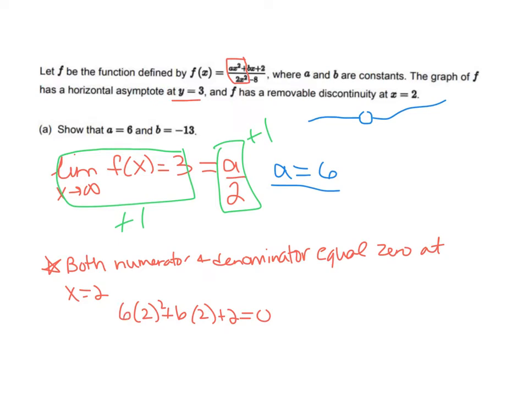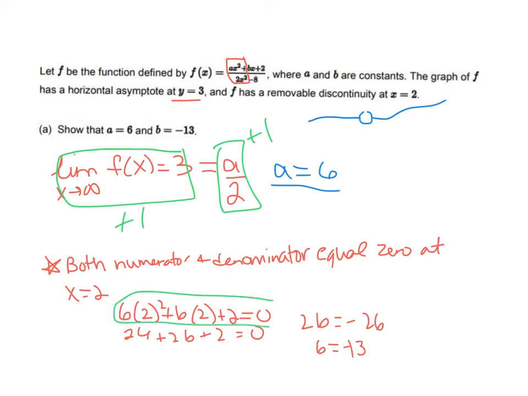And hopefully if you solve for b, you end up getting that b is equal to negative 13. So doing this right here will give you the third point for the problem. Getting the answer of negative 13 will give you the fourth point for that part of the problem.